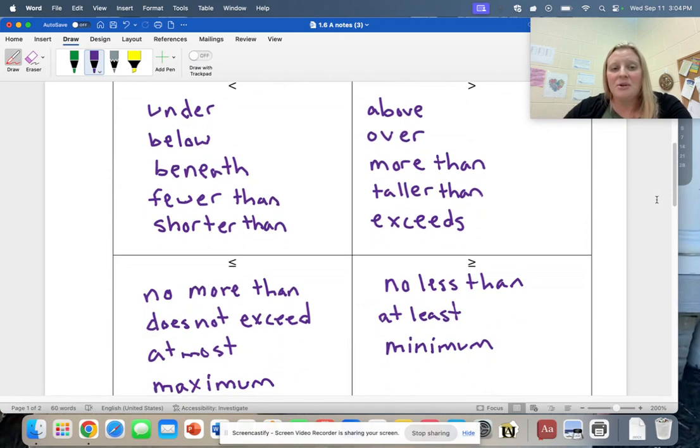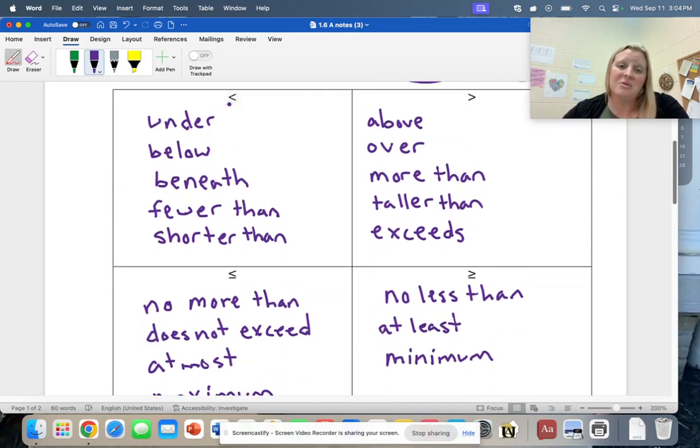Now, these are some alternative phrases that also mean those symbols, so that's something I would like you to have down. If you see these phrases, which come up quite commonly in our reading, I want you to be thinking of these symbols. Specifically, the word exceeds. So you can see that on some legal rules.